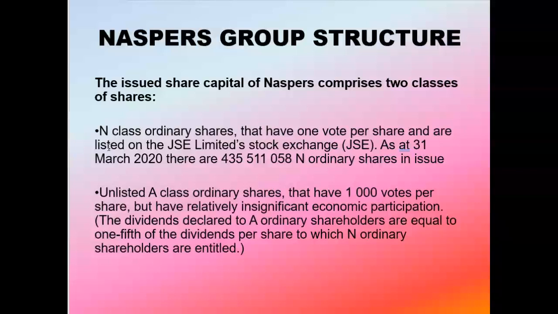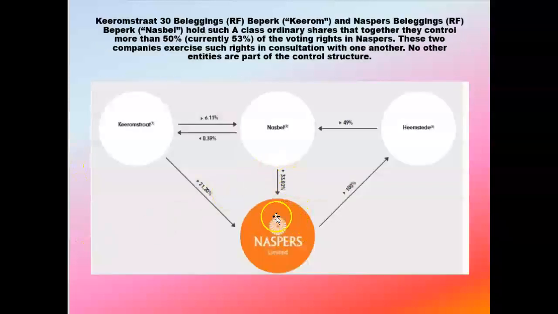So therefore, one outside entity cannot come and take up a huge share block in Naspers and then take over control over Naspers in such a way. Because Naspers, actually, if you look at the group structure, looks like this. Kerumstraat City and Naspers Beleggings RF hold A-class shares in Naspers, and together they have 53% of the voting rights in Naspers.